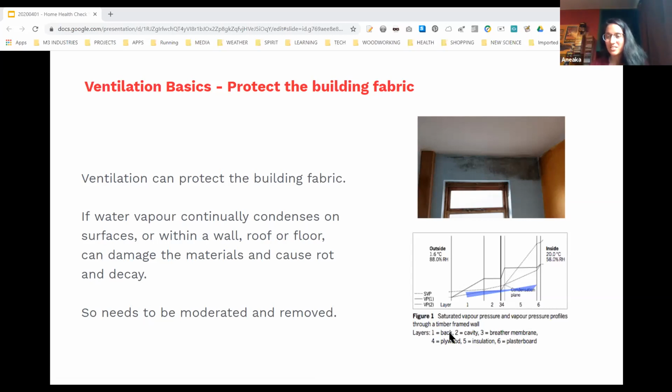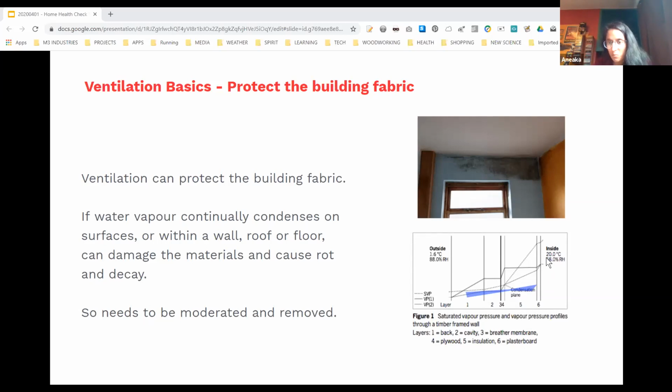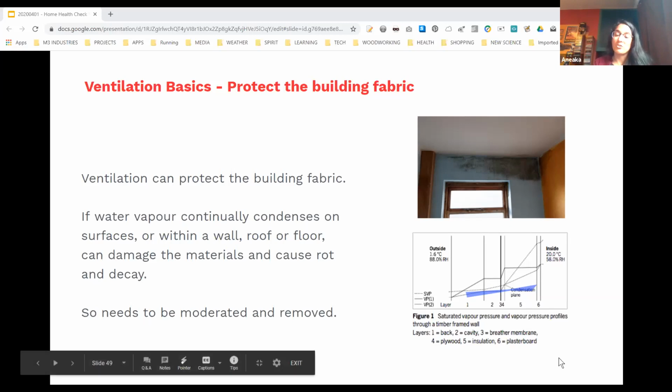There's something called interstitial condensation, where this graph shows a cross section from inside to outside, and as warmer air travels through your fabric, there'll be a point at which it condenses. That's where it says condensation plane. It would be at that point where you might end up getting structural issues if you let warm moist air into those areas. So that's another reason to, one, ventilate, but two, try to draft proof.